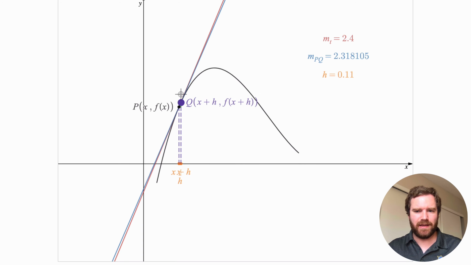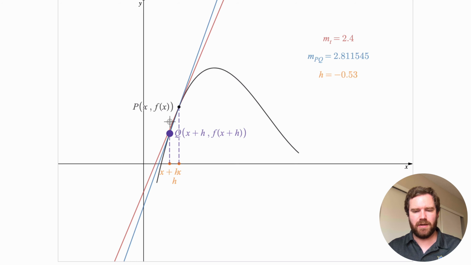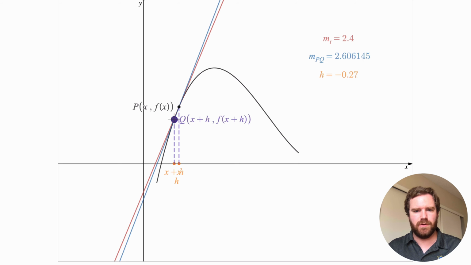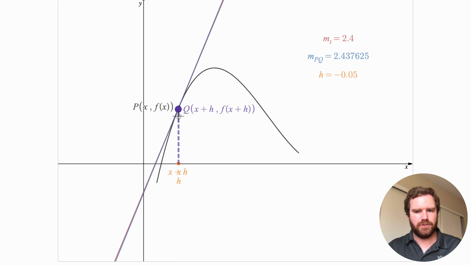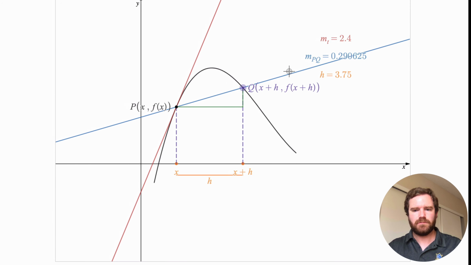But we can see that it looks like the slope of our secant line is approaching that of our tangent line. And the same would be true if we're coming from the other direction, right? As I'm getting closer and closer to h being 0 from the other direction, it's getting closer and closer to the value of the slope of our tangent line.